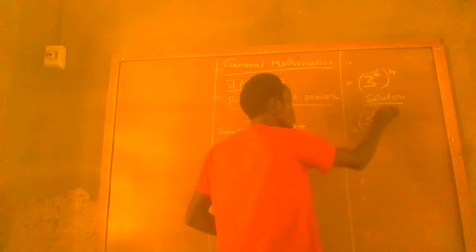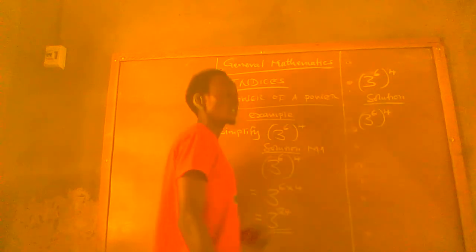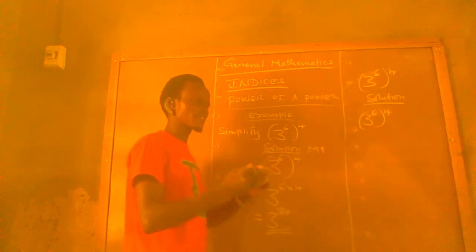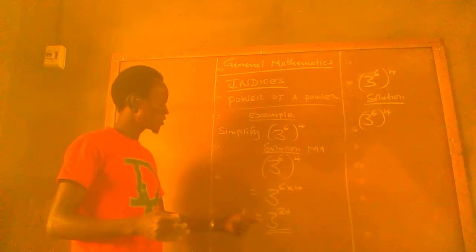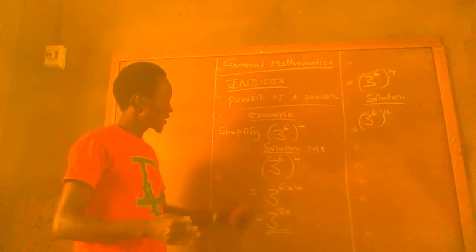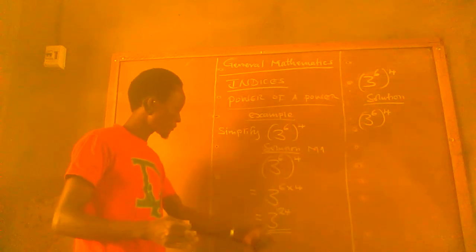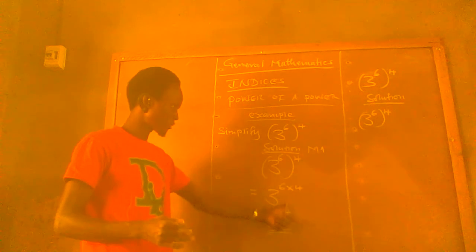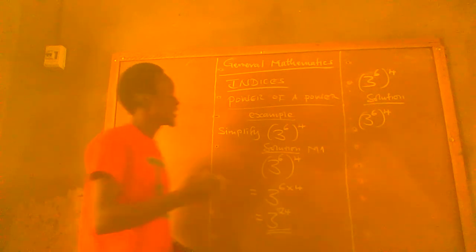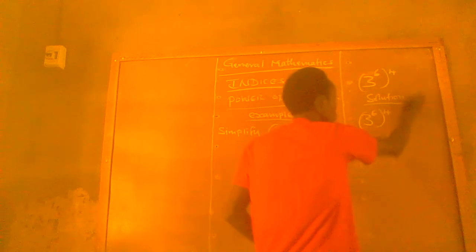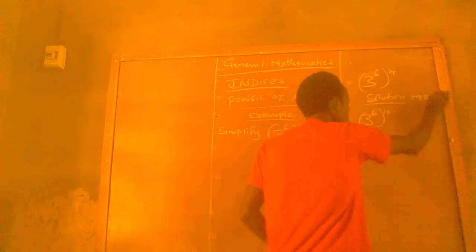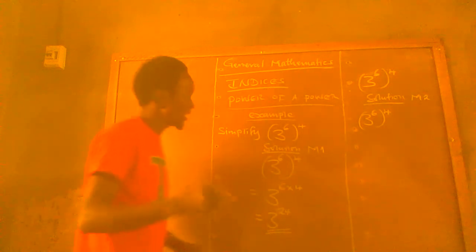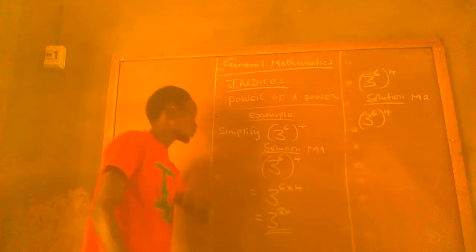We want to see how we solve this particular problem. Now we have 3 raised to the power 24. Then the second solution here, which refers to method 2, I also want to see if we are going to have 3 raised to the power 24.